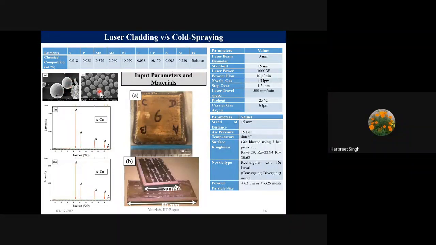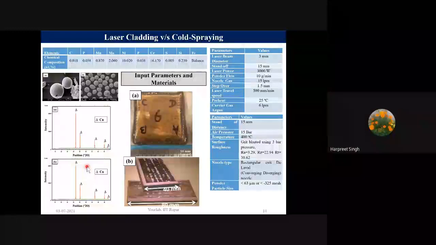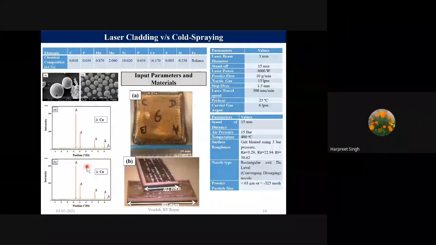So SEM has been used here to see the morphology of those particles, and XRD has been done to see the phases. In fact, XRD and SEM are two very frequently used techniques which help you to study the metallurgy of your parts. It may be an additive manufacturing part, or a coating, or some processed material.